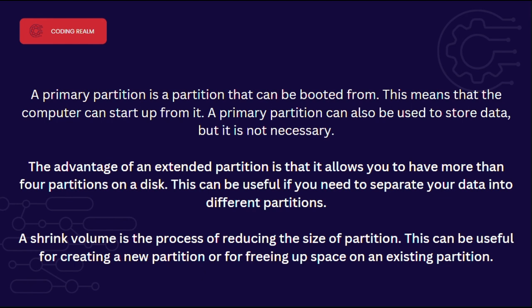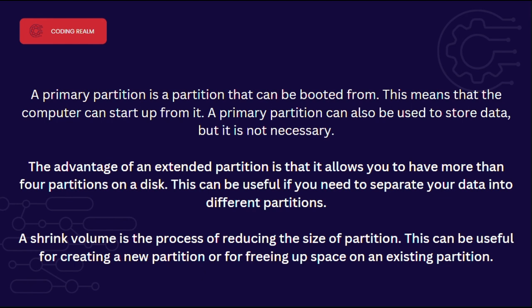This means that the computer can start up from it. A primary partition can also be used to store data, but it is not necessary. The extended partition allows you to have more than 4 partitions on a disk. This can be useful if you need to separate your data into different partitions.